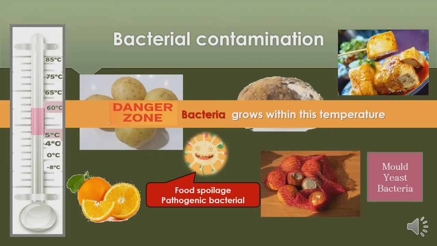We will discuss that in the storage part, but I gave you a very brief concept about this. If your temperature is between 4 and 60 degrees, that is called the danger zone. Bacteria always grow in these temperatures.